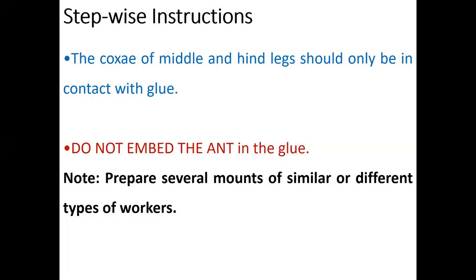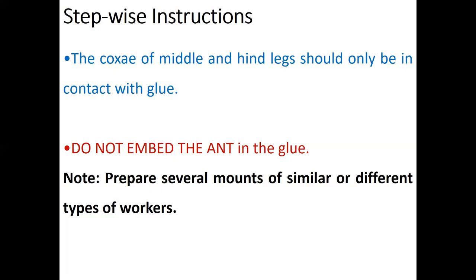But in some ant species, you find polymorphic workers. That means there will be more than one type of worker. Workers, if monomorphic, are of similar shape and with similar morphological features.